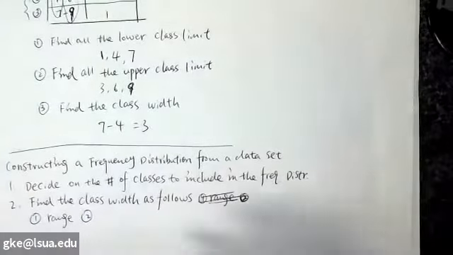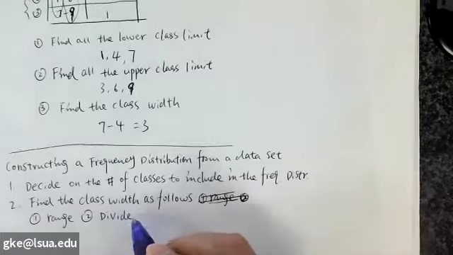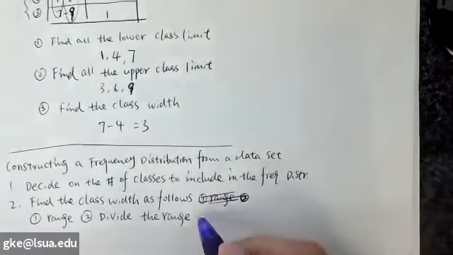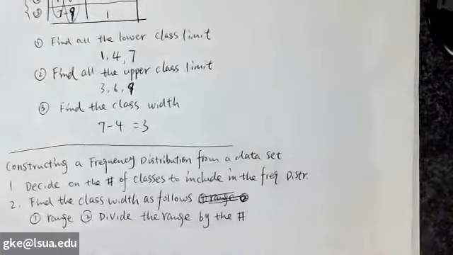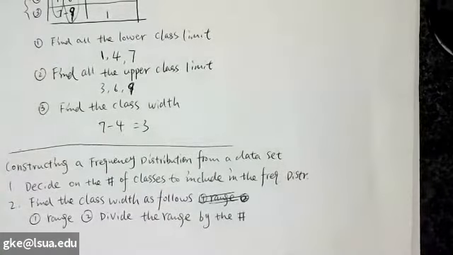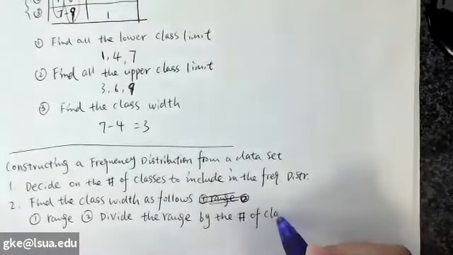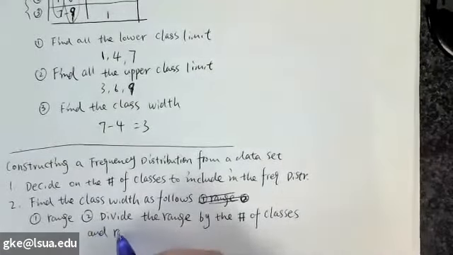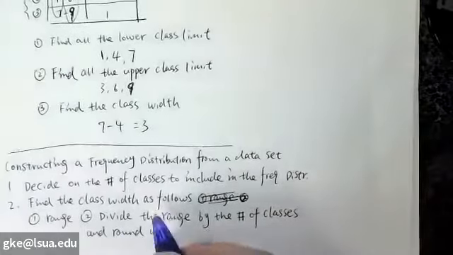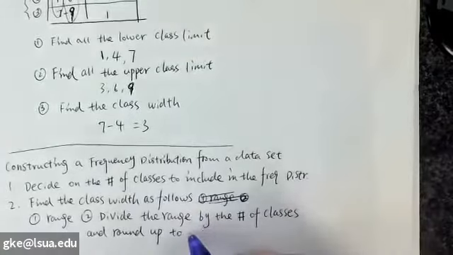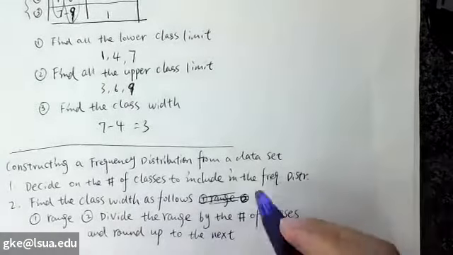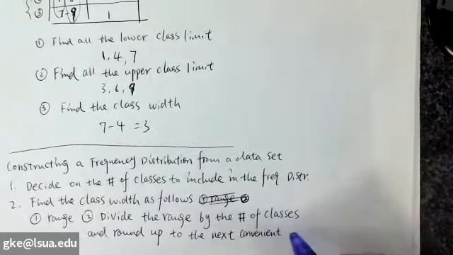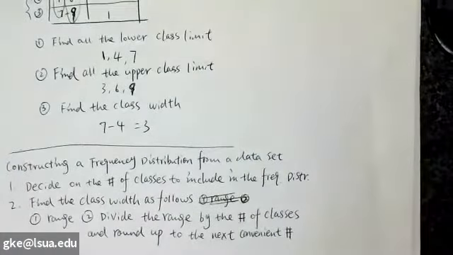The second is divide the range by the number of classes and round up to the next convenient number. Okay, so that's the second step.